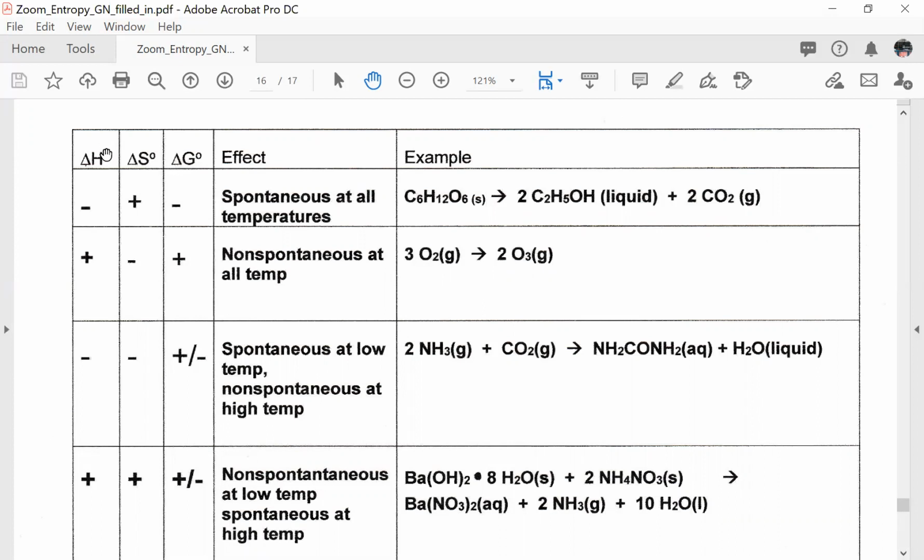Next situation, delta H is negative, delta S is negative, delta G can be either positive or negative. In this situation, it's spontaneous at low temperatures and non-spontaneous at high temperatures. So for example, ammonia plus CO2 gas going to urea plus water.